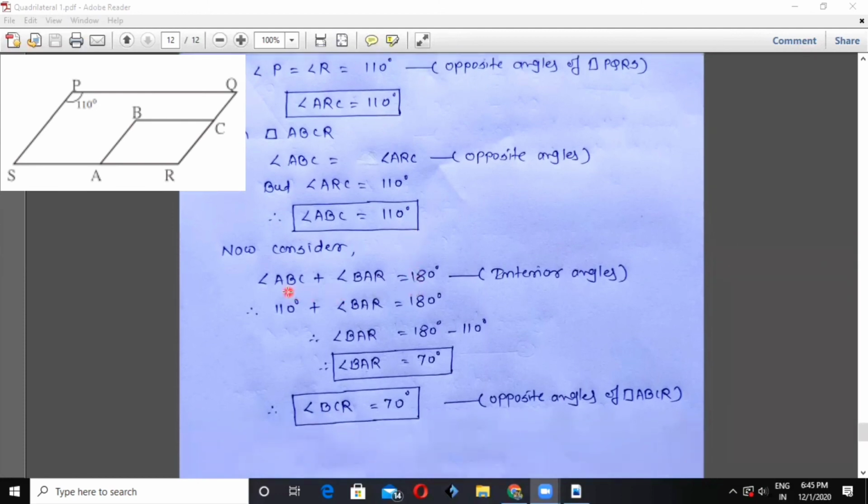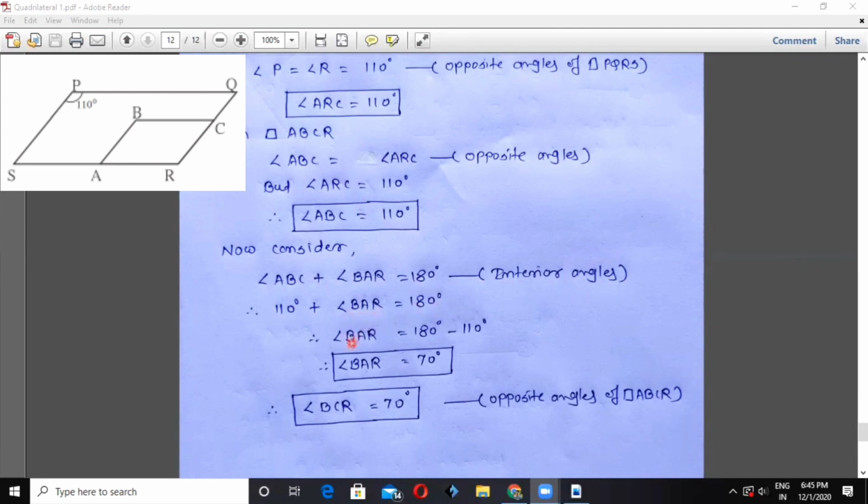Now to find the next one, consider angle ABC plus angle BAR. So if we add these two angles, as we know these are the interior angles, and we know interior angles are supplementary, that's why if we add angle ABC and angle BAR, it will be 180 degrees. Now, measure of angle ABC is found to be 110, so we'll replace here 110 plus measure of angle BAR is equal to 180 degrees.